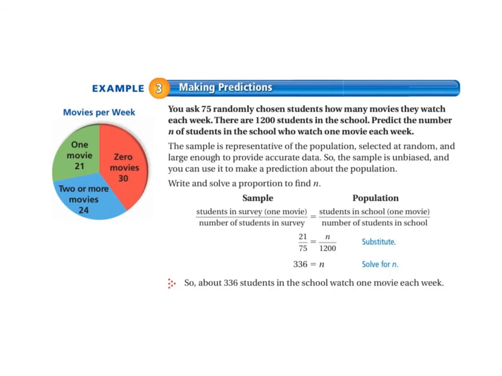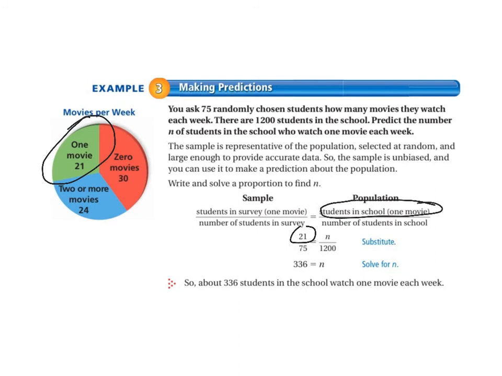So our sample is students in the survey that watch one movie, and so we put that over the total number of students in the survey. It said that the total number of students in the survey was 75. And we got the 21 from looking at our graph over here. So 21 out of 75. Then we look at our total population, students in the school that watch one movie.